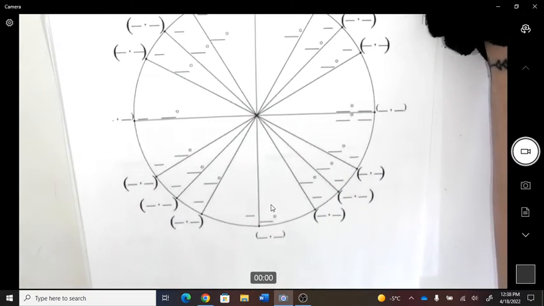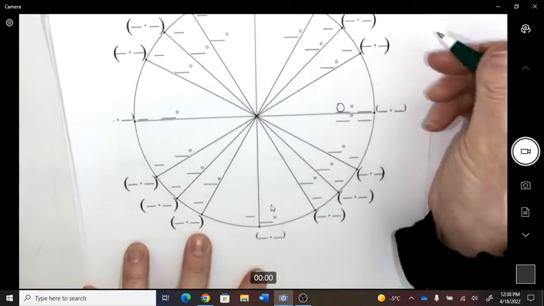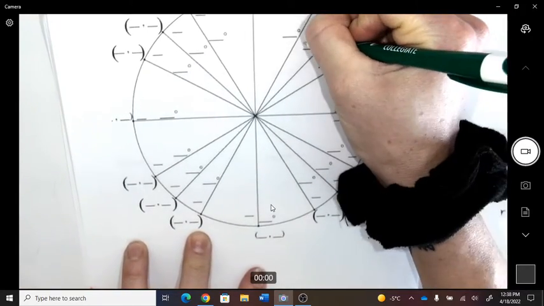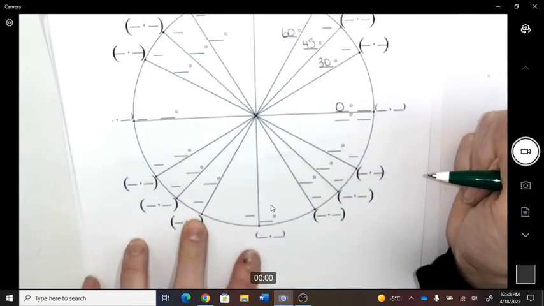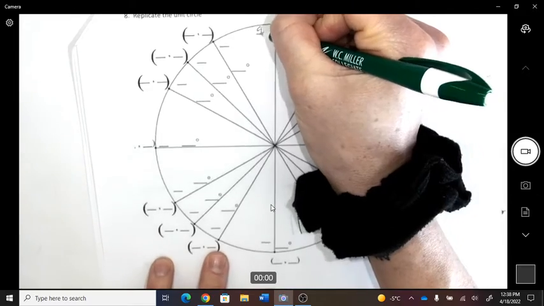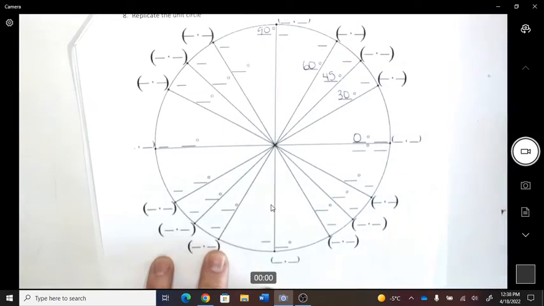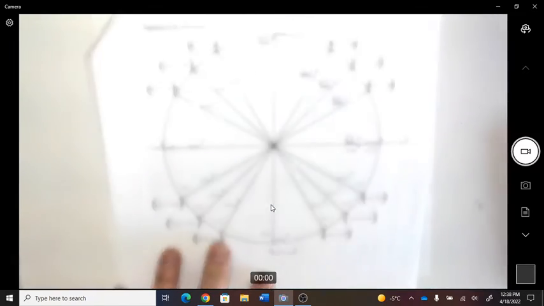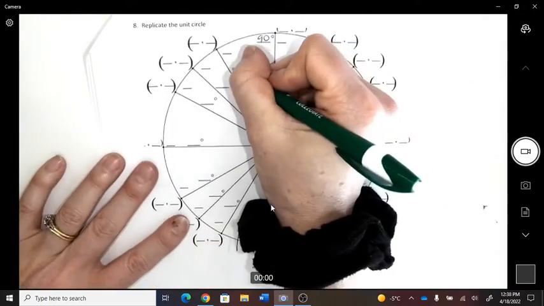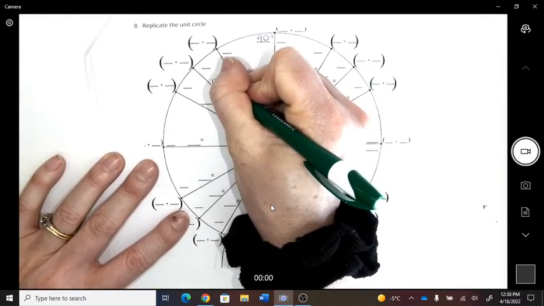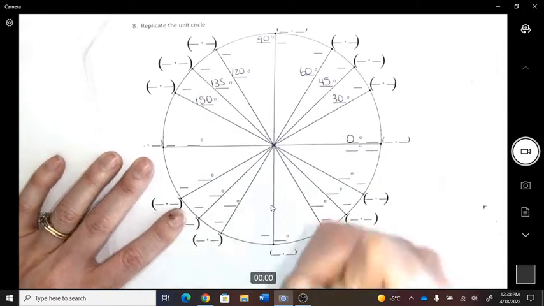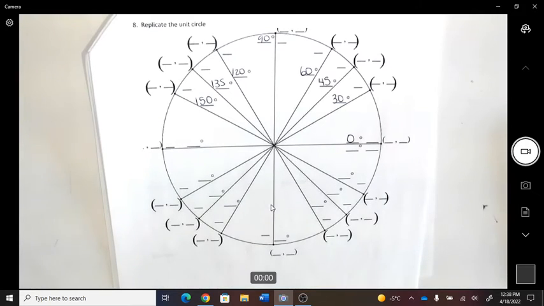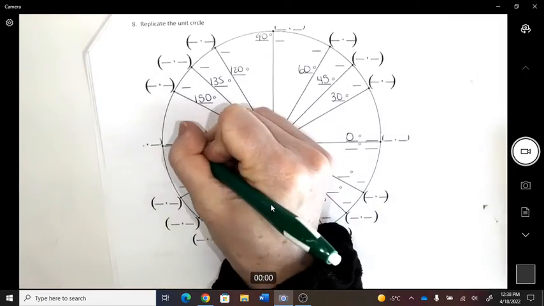Okay, so we're gonna start here. 0, 30, 45, 60, 90, next would be 120, 135, 150. Okay, and you're not going to have a calculator doing this, so make sure you're practicing these numbers. 180.